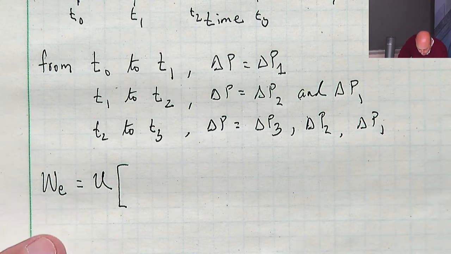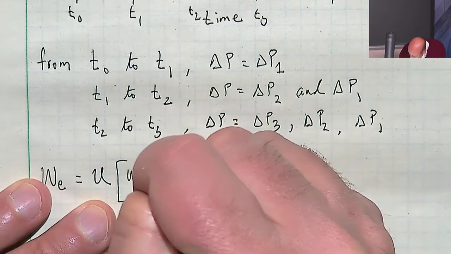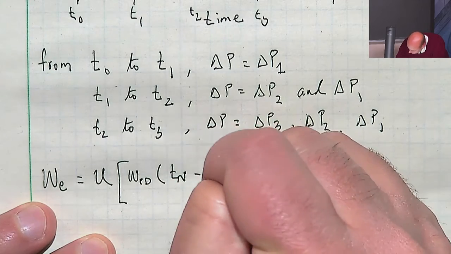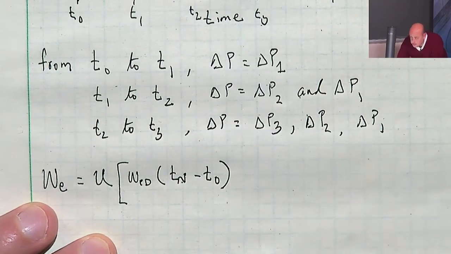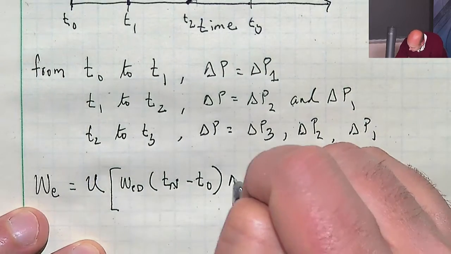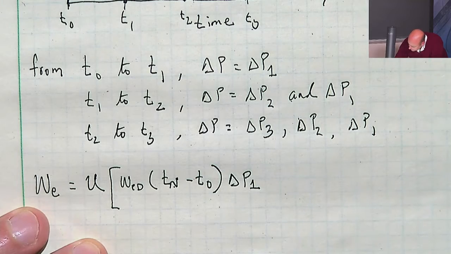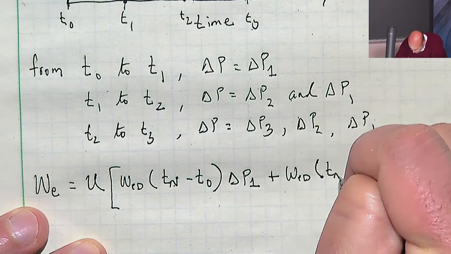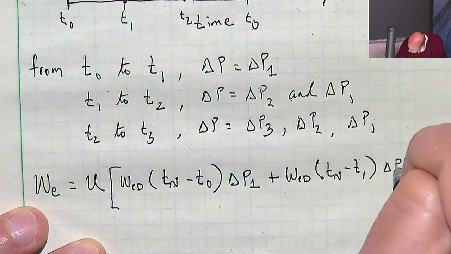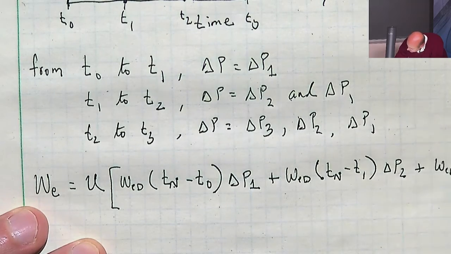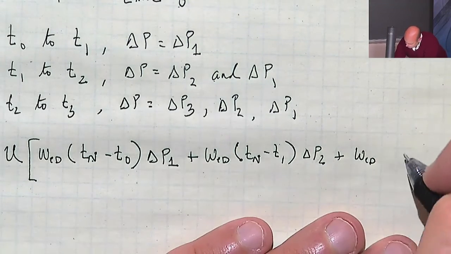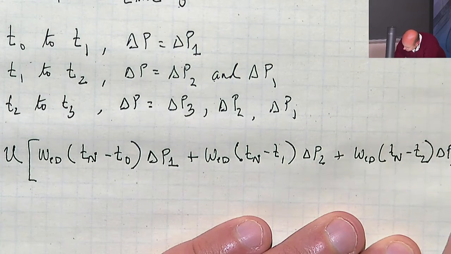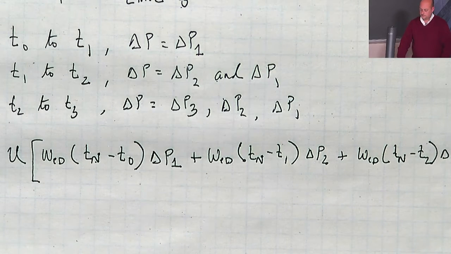So what we're going to do is say that U is equal to WED over a time interval from Tn minus T naught, where Tn is the final time, in this case T3, times delta P1, plus the amount of water that comes in from Tn minus T1 times delta P2, plus WED of Tn minus T2 times delta P3, etc., if you had more times.